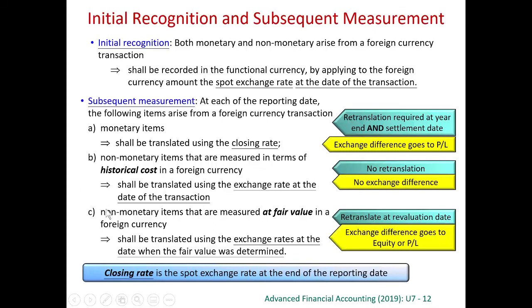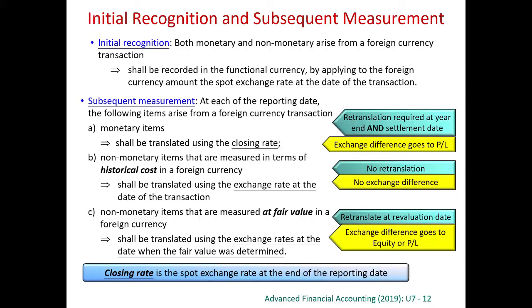However, if this is a non-monetary item measured at fair value, then you have to translate it using the exchange rate at the day when you give it a new fair value. Whether the exchange difference goes to P&L or reserves depends on how you value the underlying asset.